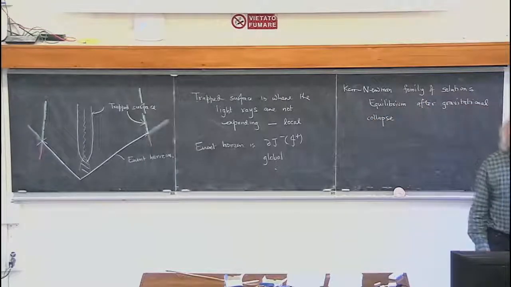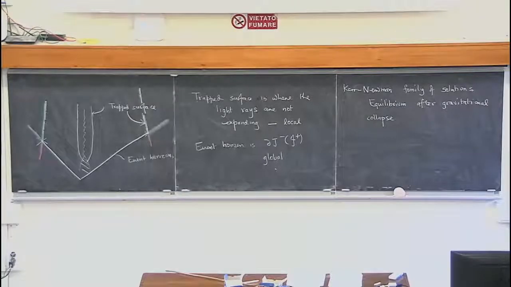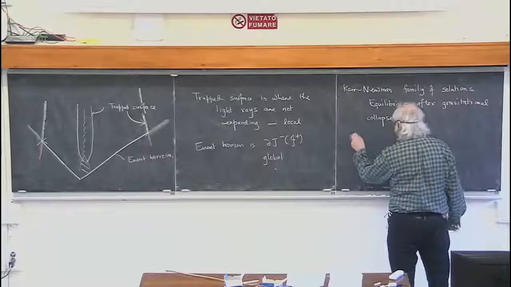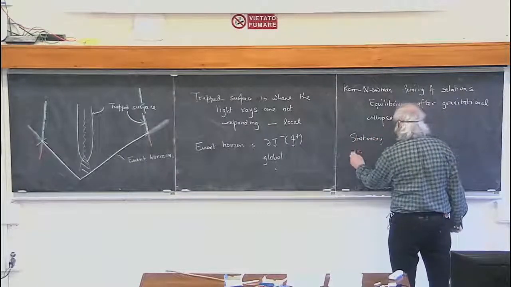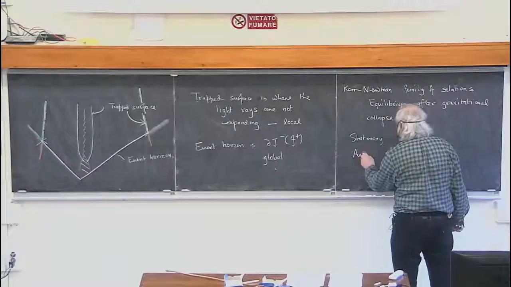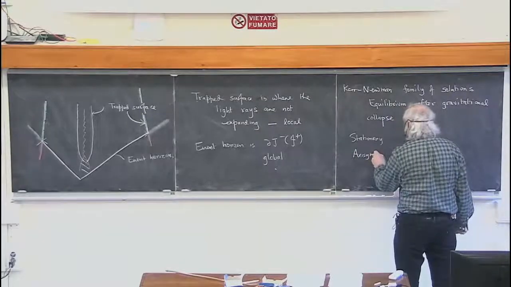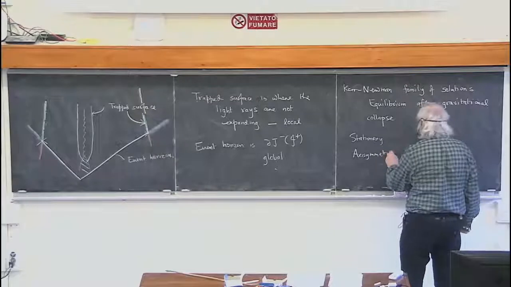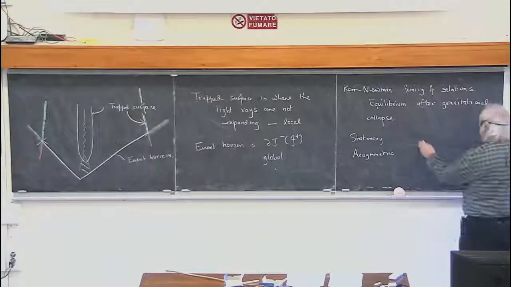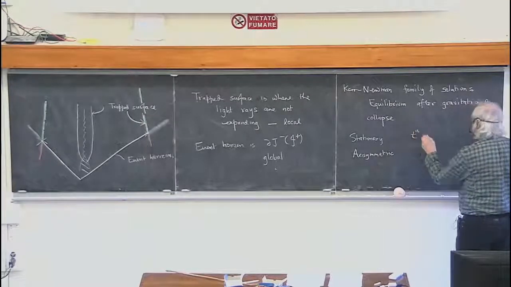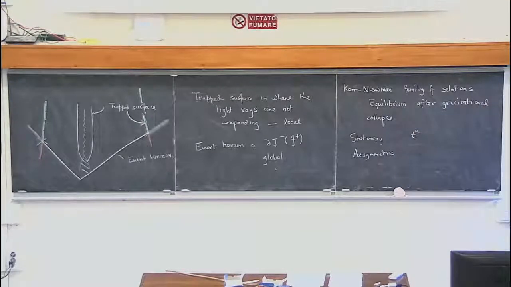Just by staring at the metric, we knew that it was stationary and axisymmetric. The nice coordinate-invariant way of telling that those are the cases is that there is a Killing vector T^a, which represents time translations.